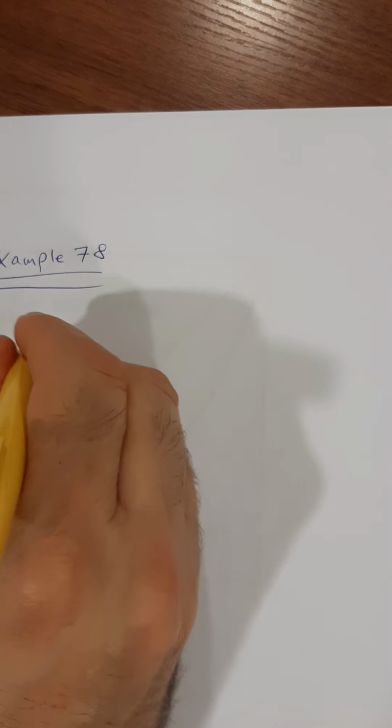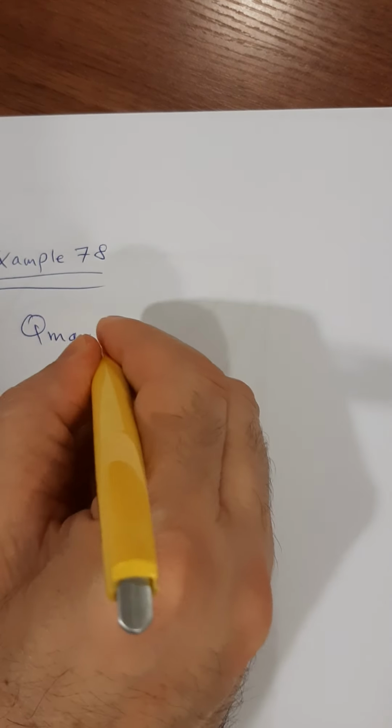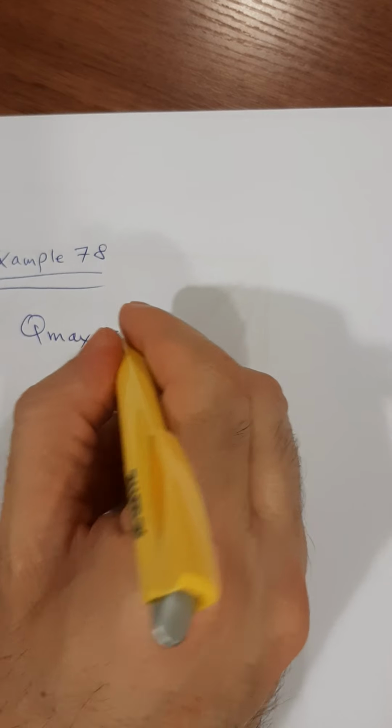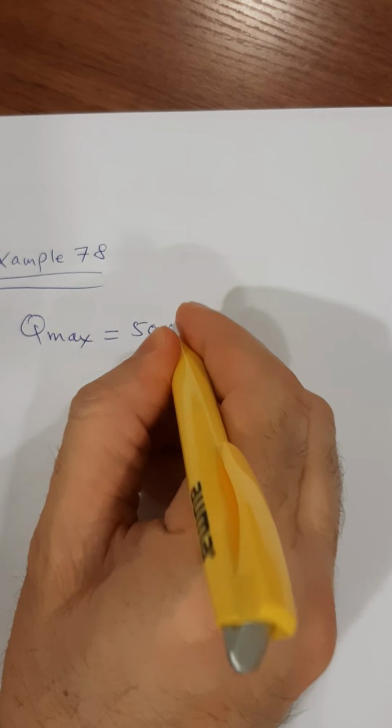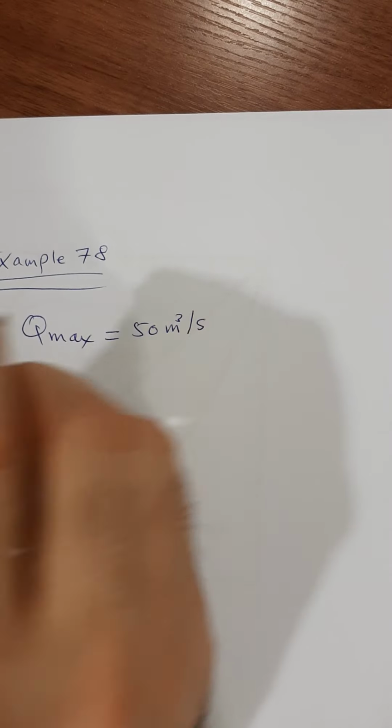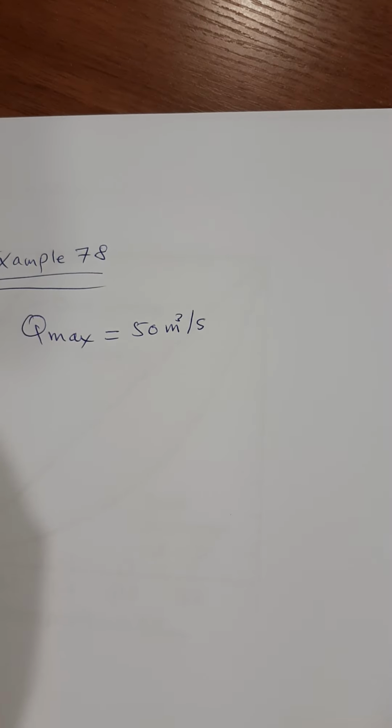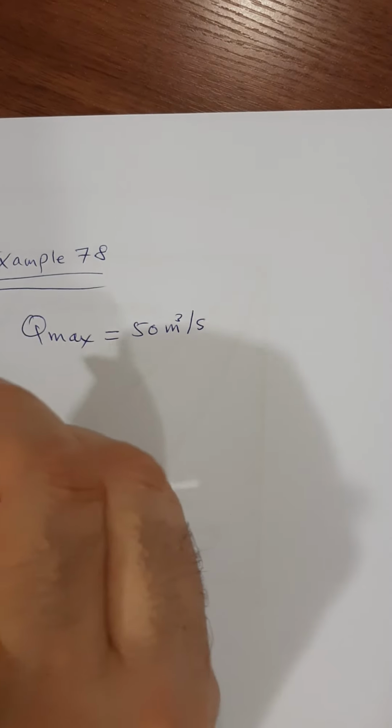We have in this example an equal percentage valve that has a maximum flow, Q maximum, equal to 50 meter cubed per second, and a minimum of 2 meter cubed.